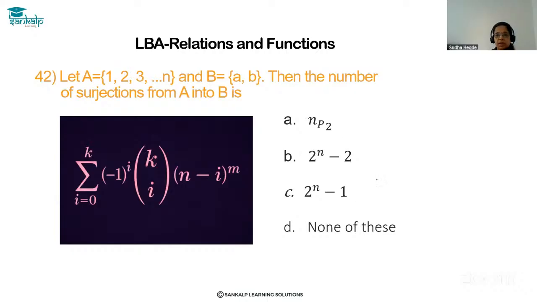Okay, but here the domain has n elements and the codomain has only 2 elements. Correct? You need not use this formula. You can directly write the answer.